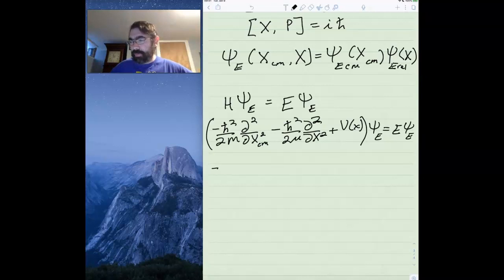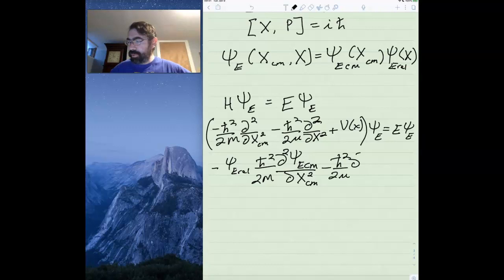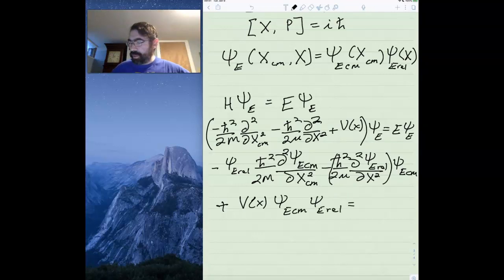What you would get is minus E relative times h bar squared over 2 M, the second derivative of the wave function for the center of mass, minus h bar squared over 2 mu, and all of this has to be multiplied by E center of mass, plus the potential times those wave functions, is equal to the total energy.